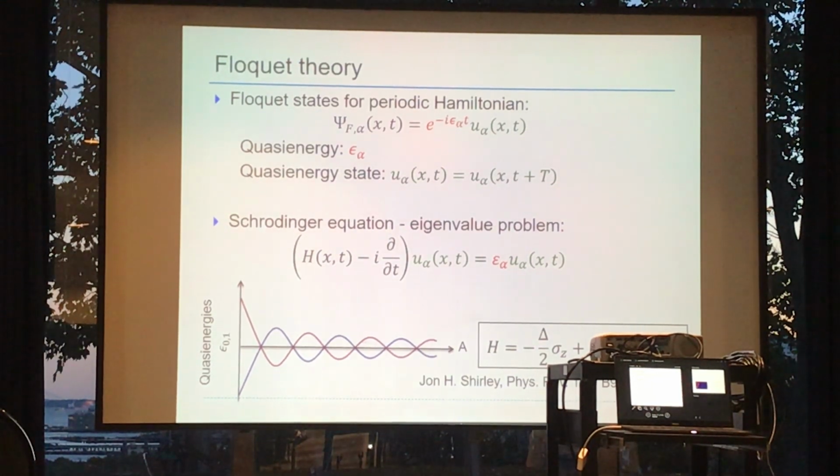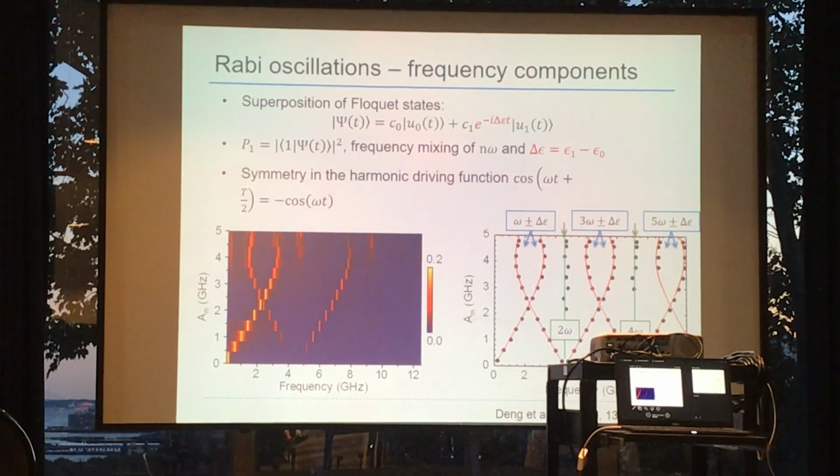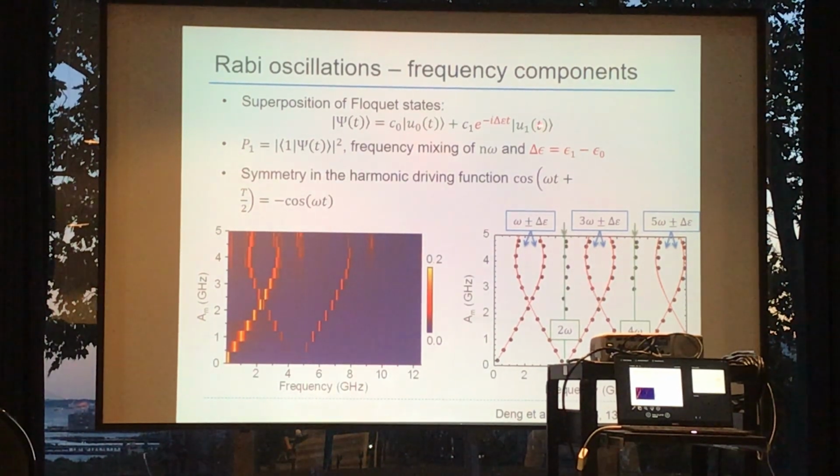And for those of you familiar with solid-state physics, there is an analogy here between these states in time and Bloch states for electrons in a solid, and it's the same type of underlying symmetry that gives this property to the solution of the Schrödinger equation. So when you look at these quasi-energies, they actually change with the driving amplitude as shown here. The reason we see this oscillation spectrum has to do with the fact that since the wave function at any time can be written as the superposition of two Floquet states, the probability to find the qubit in state 1 is given by the scalar product.